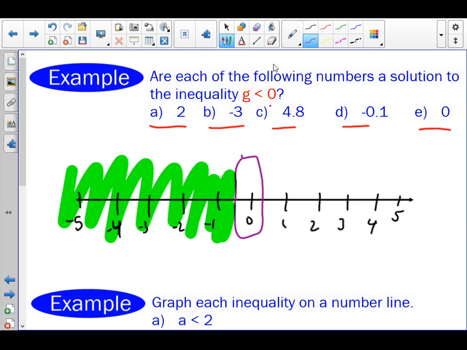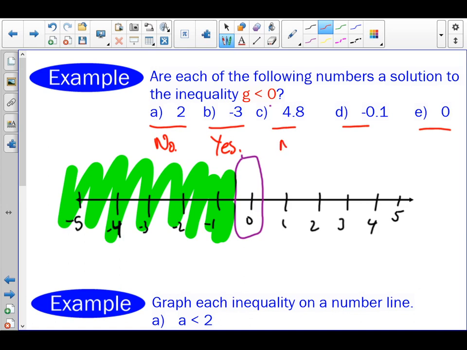Is this number less than 0? Is 2 less than 0? No. Is negative 3 less than 0? Yes. Is 4.8 less than 0?